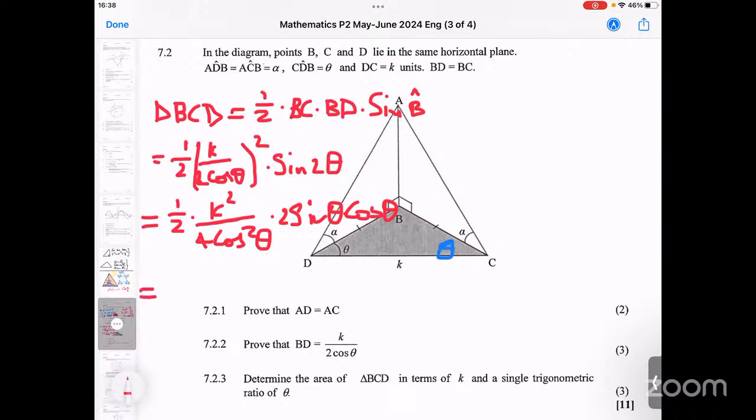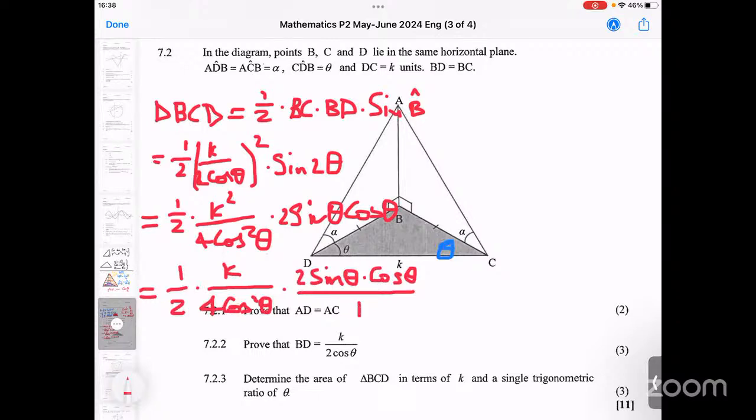You will therefore see, because you have 1 over 2, which is multiplying k squared over 4 cos squared angle, which is multiplying 2 sine that cos that. Obviously, this is over 1. This is grade 9, Didintle.